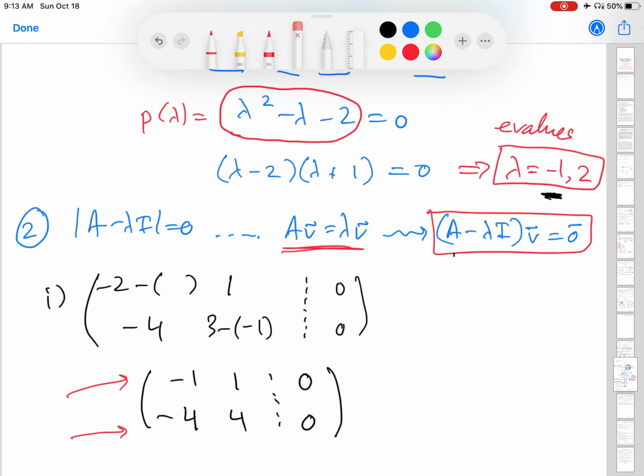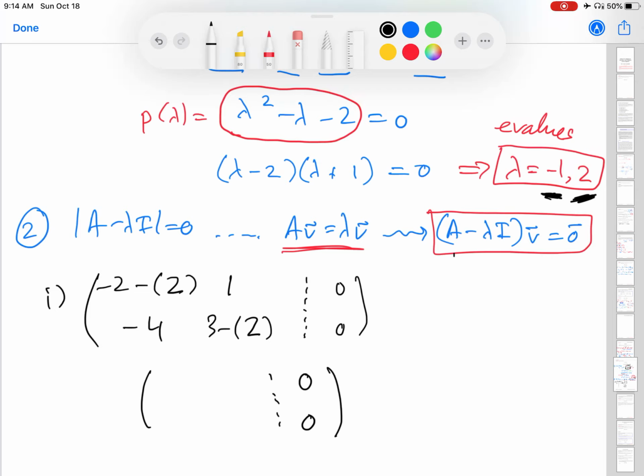So what's going to change is this matrix, and therefore the row operations, and therefore the eigenvector. So let's go back and redo this calculation for the eigenvalue of lambda equals 2. So I'm going to put it here, right? And then I'm going to redo the arithmetic.